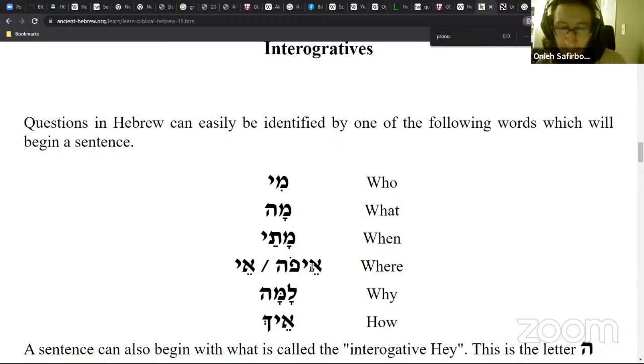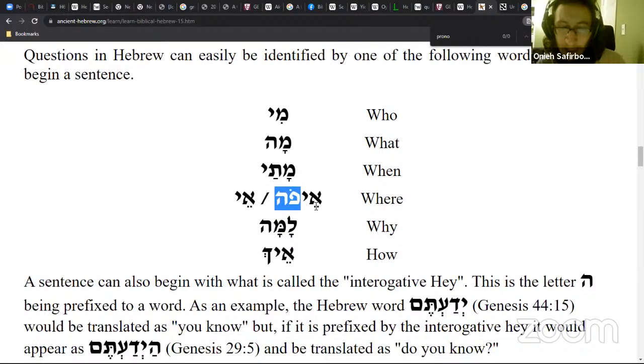Now actually, this is two different words. It's Aleph Yod combined with Pei Hey. Pei Hey, I believe, means here. So where here? For what? It's why. Aleph Yod Kaf is how.